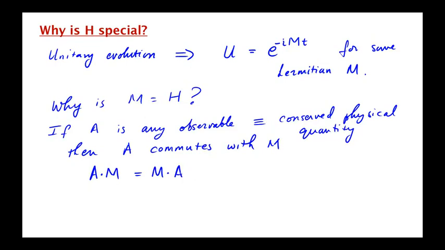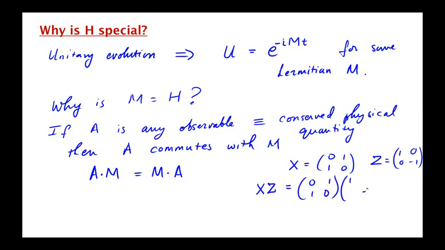So for example, if we look at our operators X, the bit flip operator, and Z, the phase flip operator, right? Then what's X times Z? Well, it's [0, 1; 1, 0] times [1, 0; 0, -1], which is what?